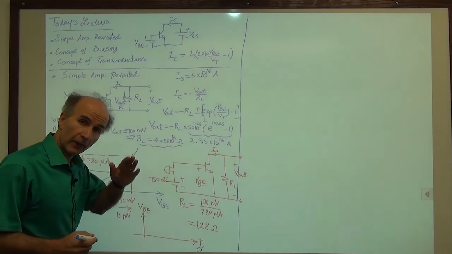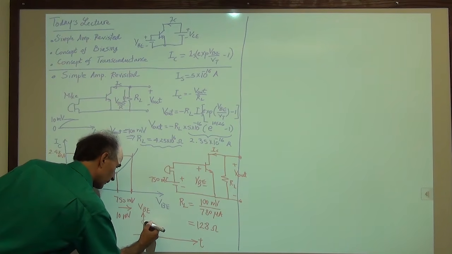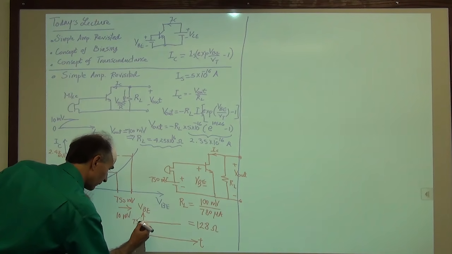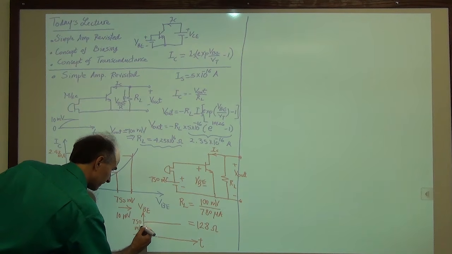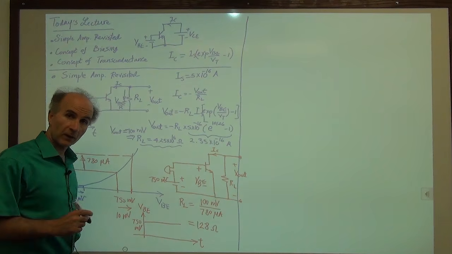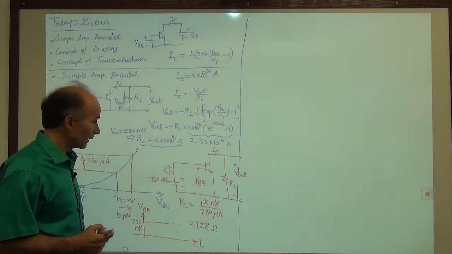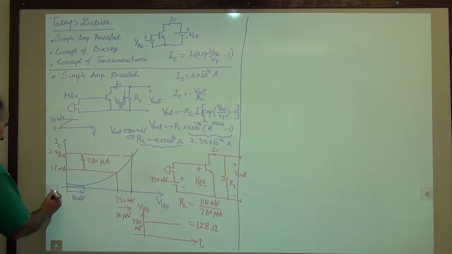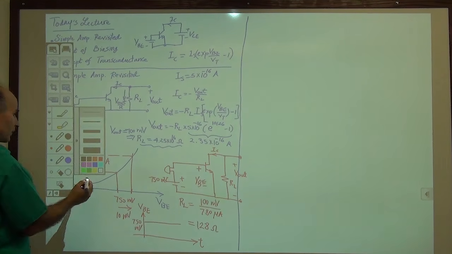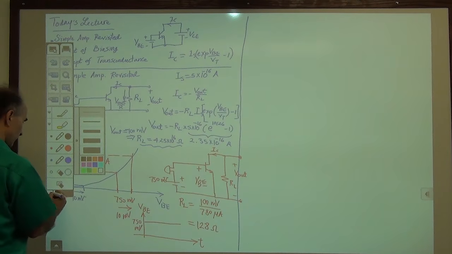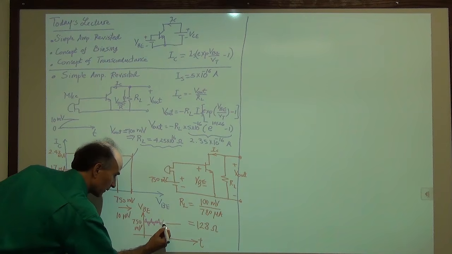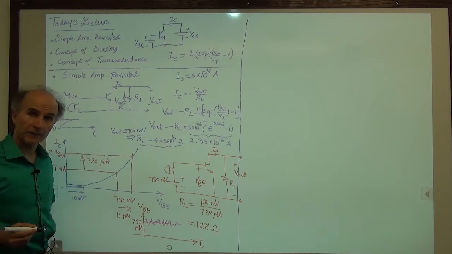If we don't speak into the microphone, we have a constant value of 750 millivolts, right? But once we start speaking into the microphone, it adds its own signal to 750. So if I change the color to maybe this, what we see is that the signal keeps going up and down with the microphone signal.